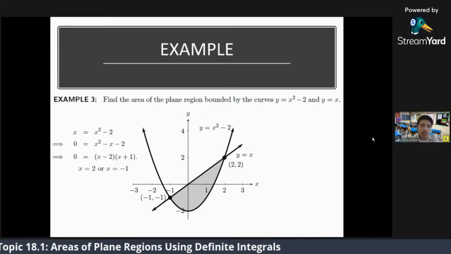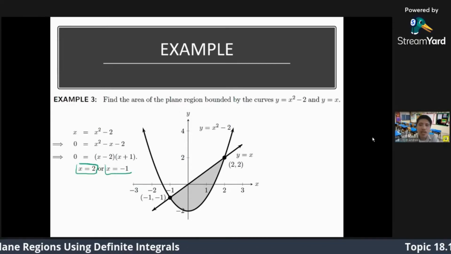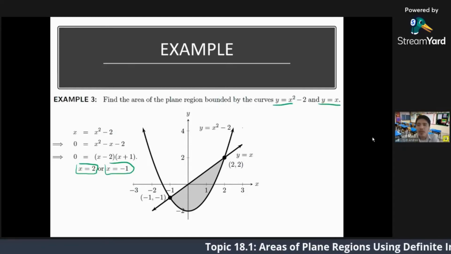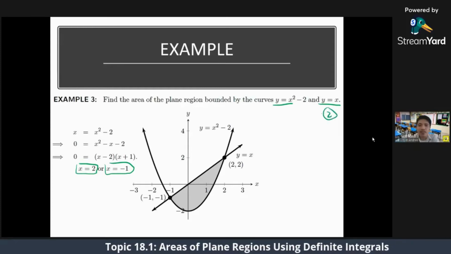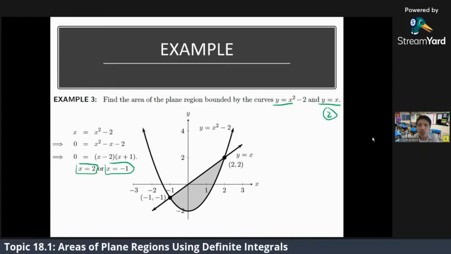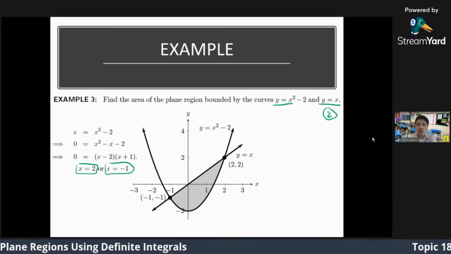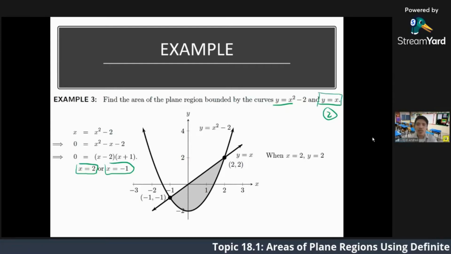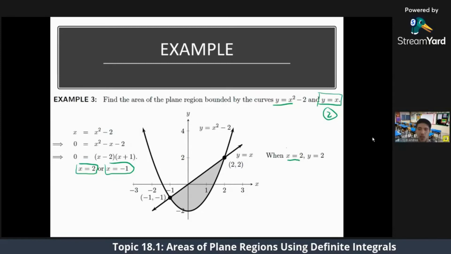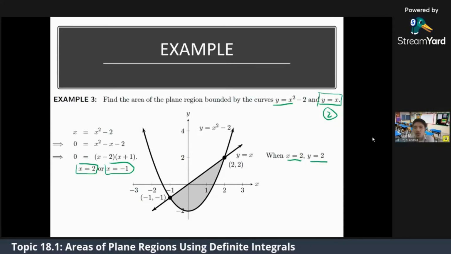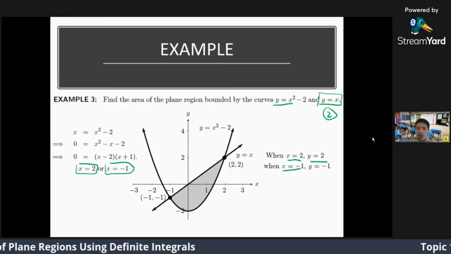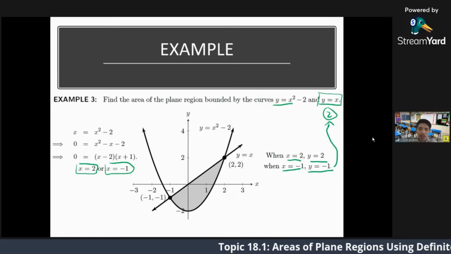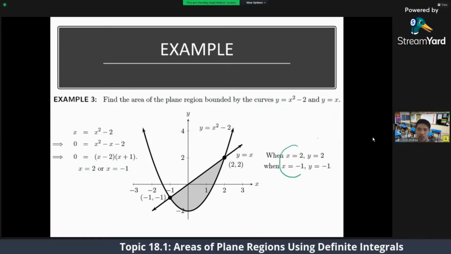Since we have x, we can use any of these two equations to solve for y. Preferably, equation 2 because it is easier. If your x is 2, based on equation 2, y and x are equal, so therefore, if your x is 2, your y is also 2. If your x is negative 1, your y is also negative 1, again by virtue of your second equation y equals x. So, this is now your intersection points.